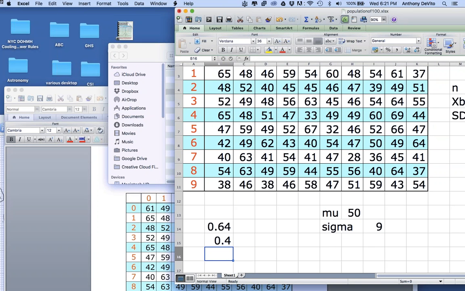If I wanted to generate a random number between 1 and 10, all I would have to do is say that it's equal to this random number times 10. And notice every time I hit enter, it's going to recalculate.